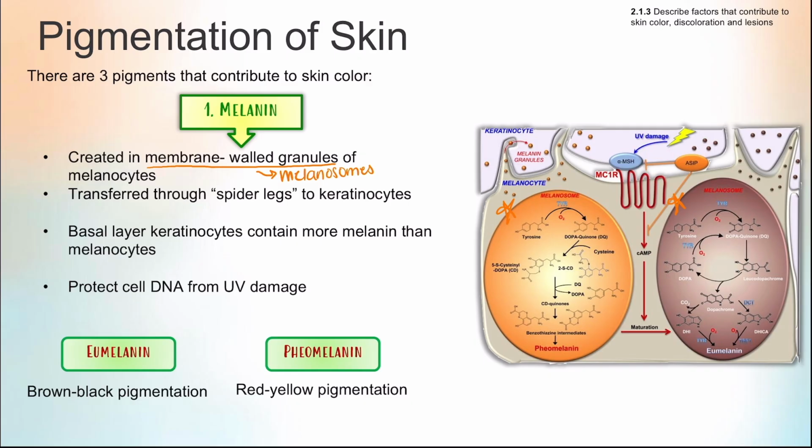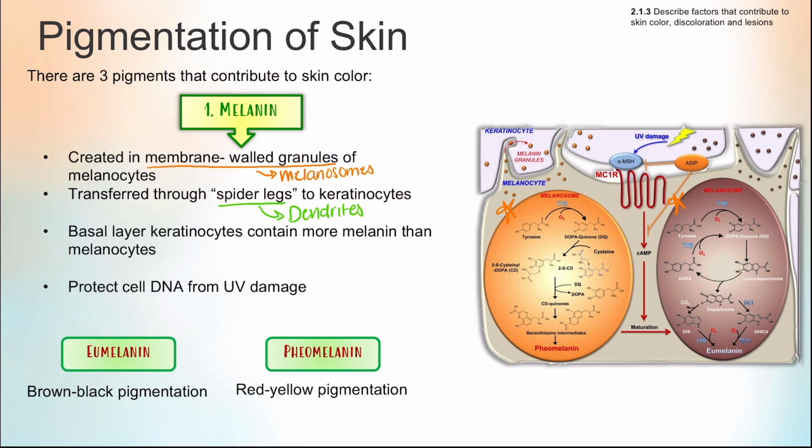So what is going to happen is that these melanocytes are relatively big cells in comparison to the keratinocytes, and they contain what are known as spider legs. These are often also referred to as dendrites of the melanocyte.